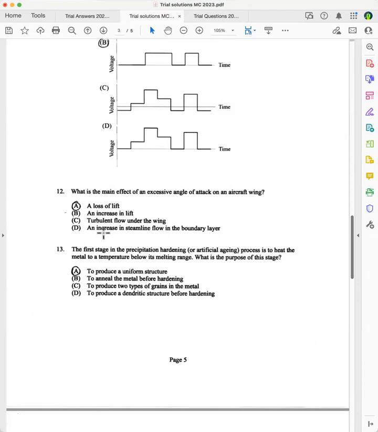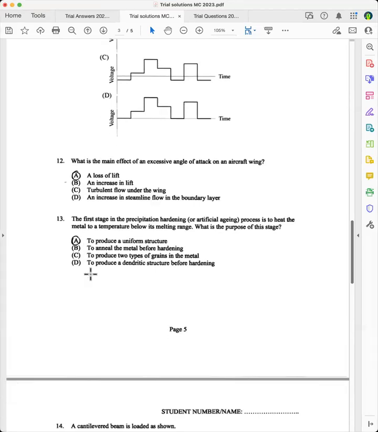The only materials that can be precipitation hardened are those that will, on heating, produce a single phase, which is a uniform structure when you have a single phase. And so A is the correct answer there.